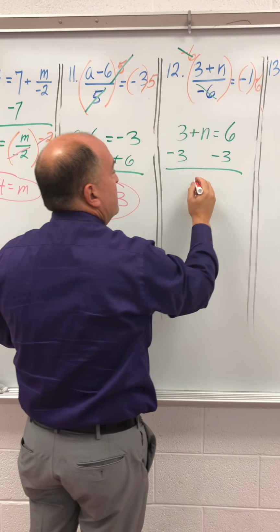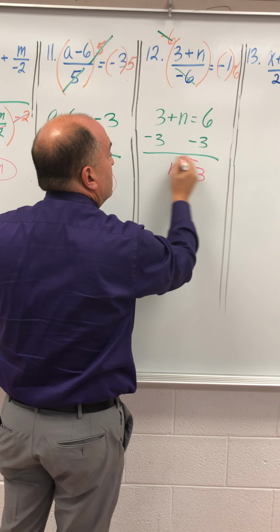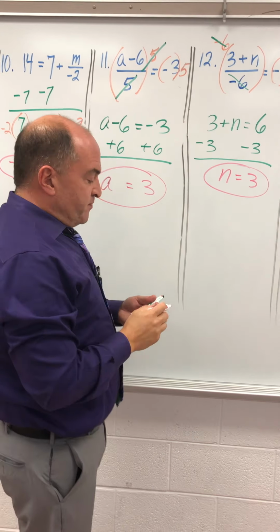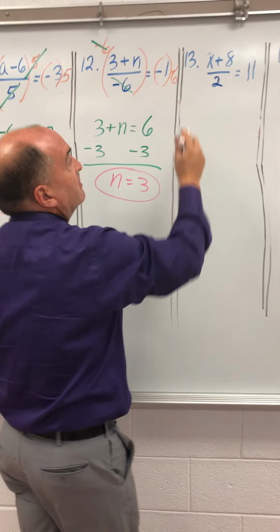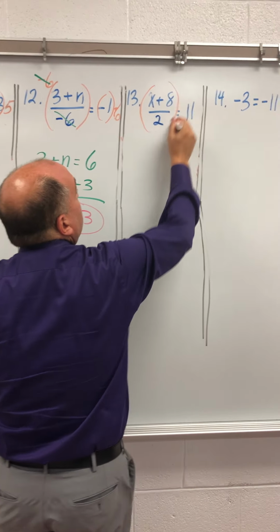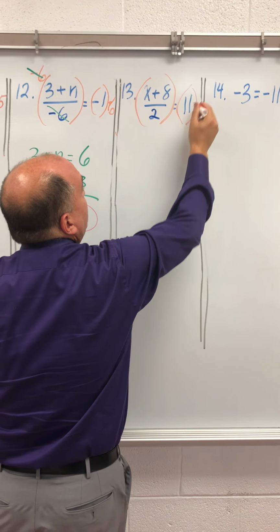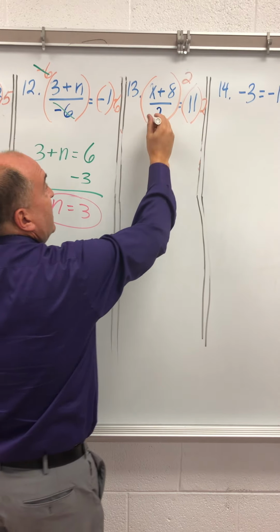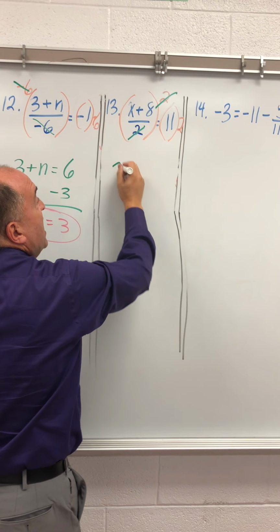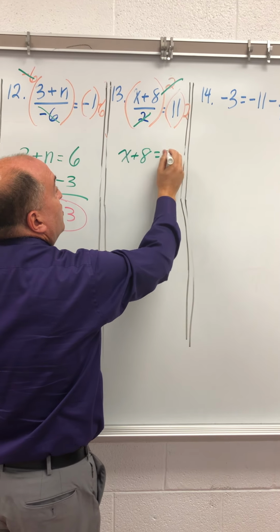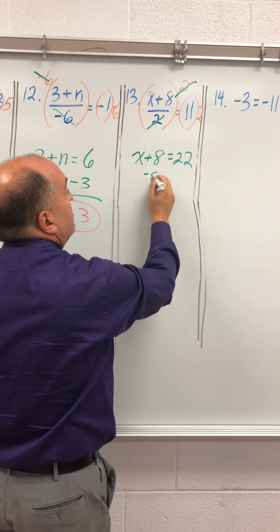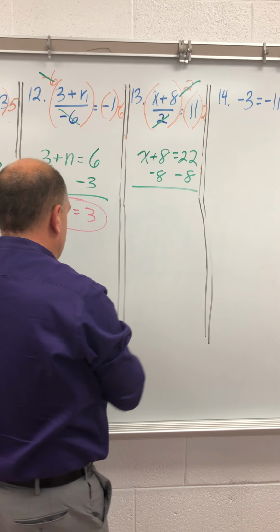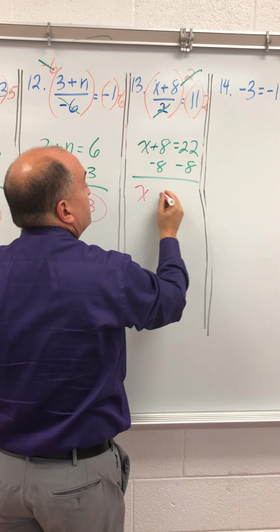I get n equals 3. Same thing here. No change. Multiplying both sides by 2, because it gets the 2's to cancel. X plus 8 equals 22. And a minus 8. That's going to give me x equals 14.